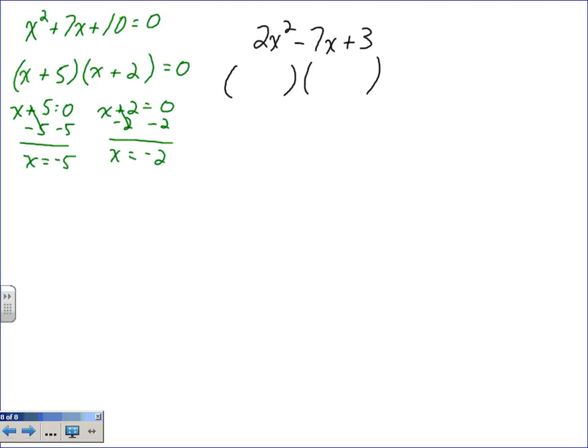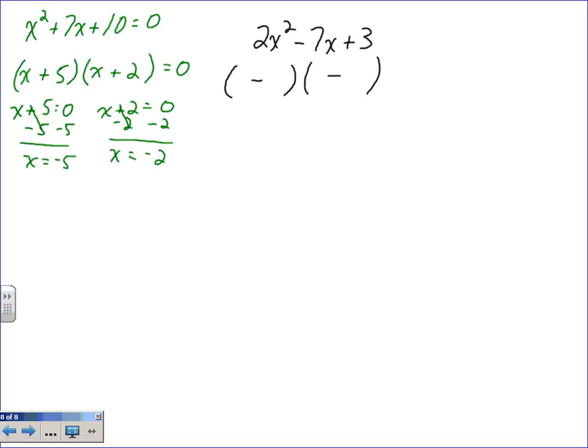If your last term here, that 3, is a positive, both signs are the same. In this case, they're both going to be negative. And why is that? Because a negative times a negative is a positive, and then I can get a -7 on the inside.